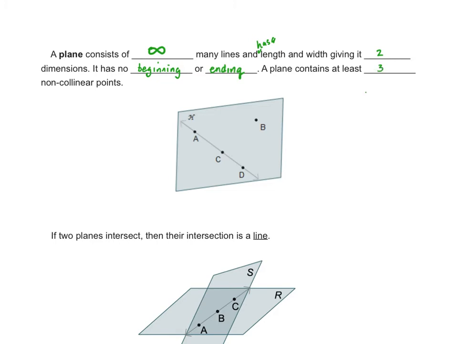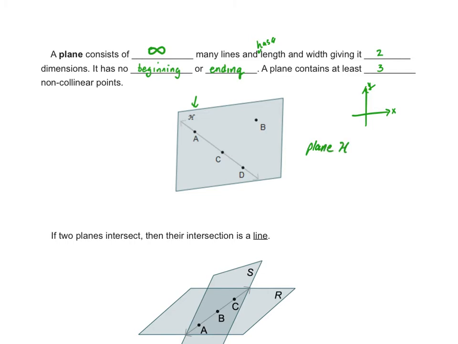So remember that coordinate plane that we talked about back in algebra? It extended on forever up and down and extended on forever left and right on my x-axis, and that was a coordinate plane. In order to label this, we could say that looking at this plane, it could be considered plane H, right?